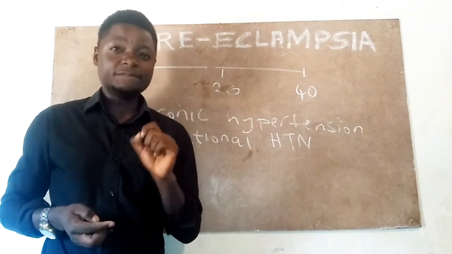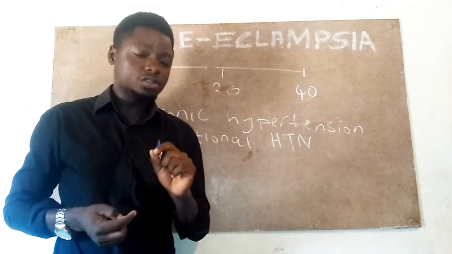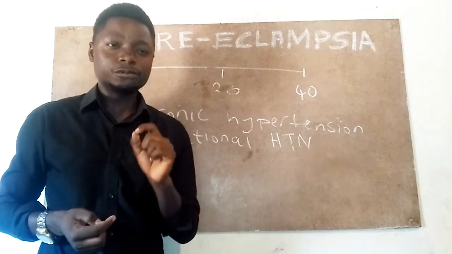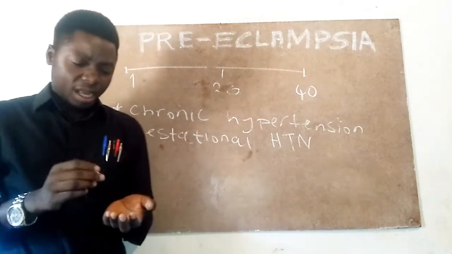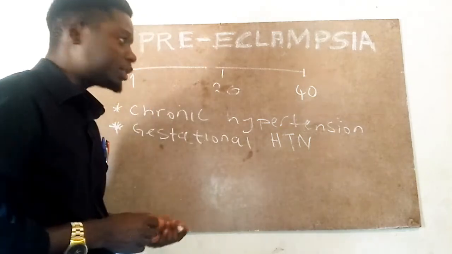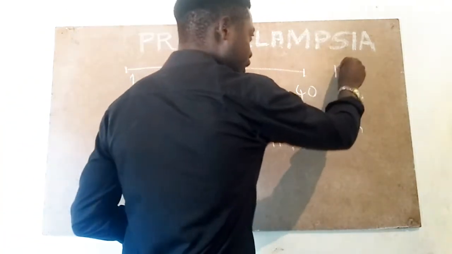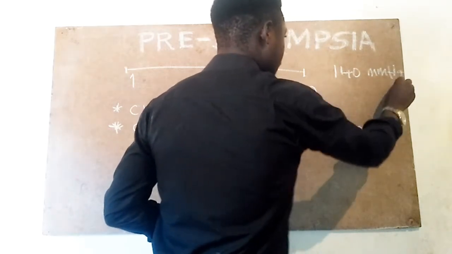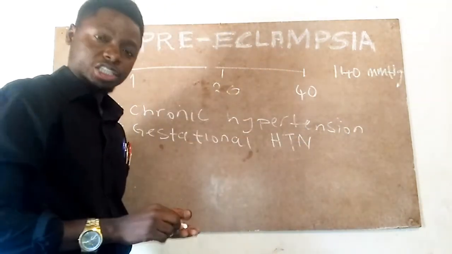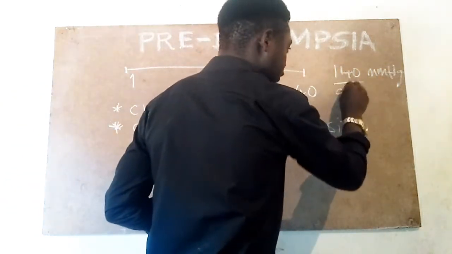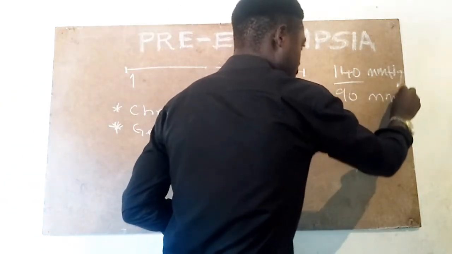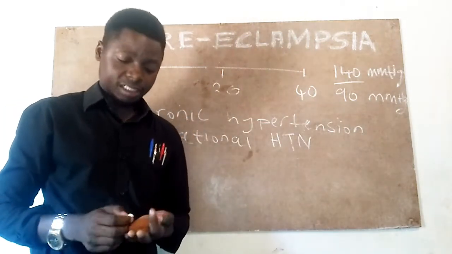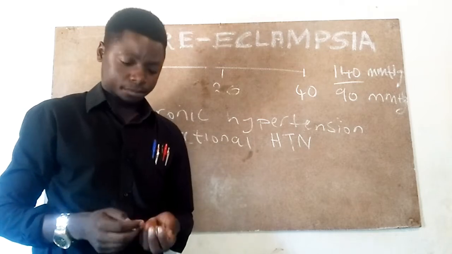The woman didn't have hypertension, but after 20 weeks of gestational period, the woman begins to have signs of hypertension. And the signs of hypertension will be the blood pressure of at least 140 millimeters of mercury, that being the systolic blood pressure, and the diastolic blood pressure of at least 90 millimeters of mercury. Then we have the diagnosis for gestational hypertension particularly.